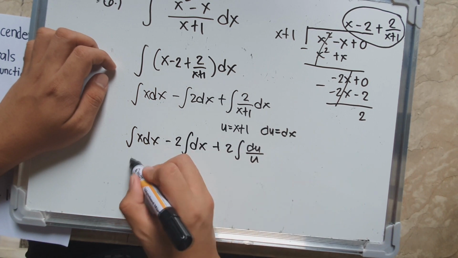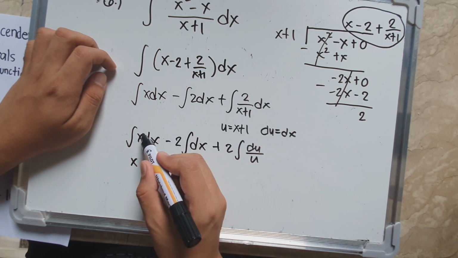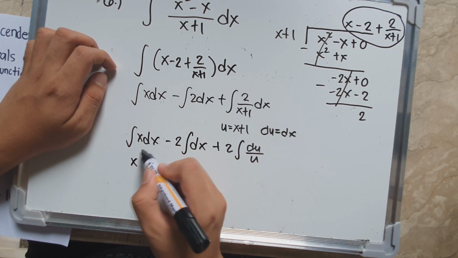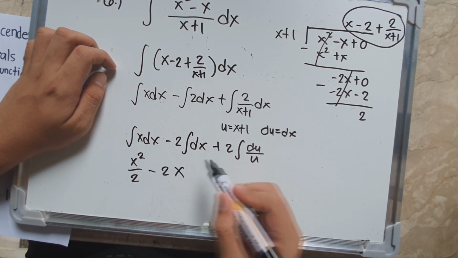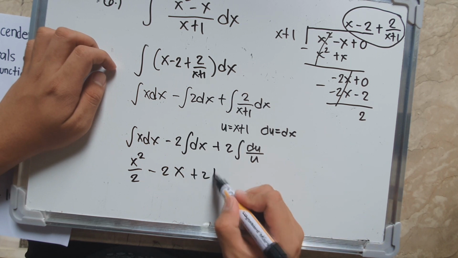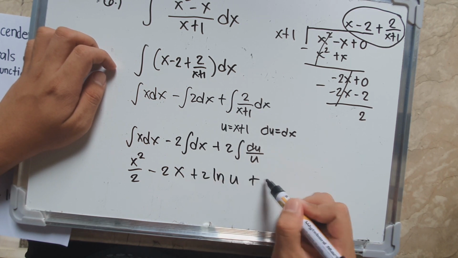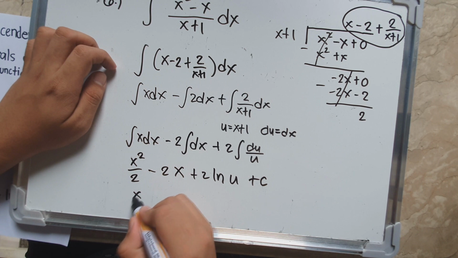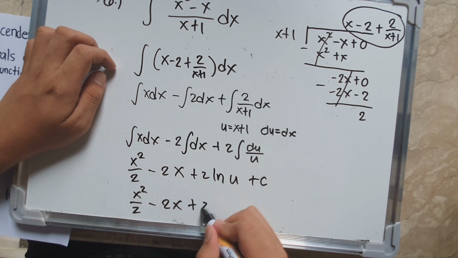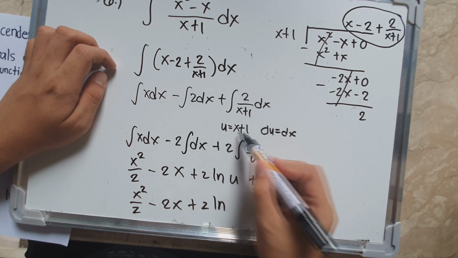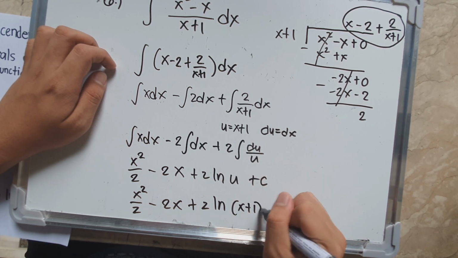Take the integral. So x raised to the power of 1 plus 1, we have x squared over 2, minus 2x, plus 2 ln of u plus c. So we now have x squared over 2 minus 2x plus 2 ln, what is our u? We have x plus 1, plus c.